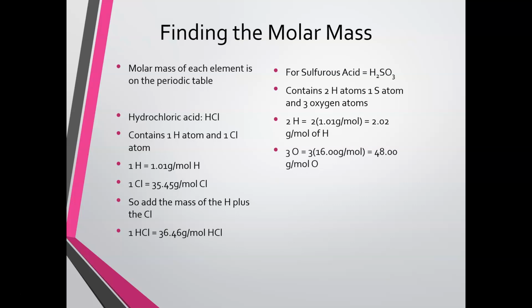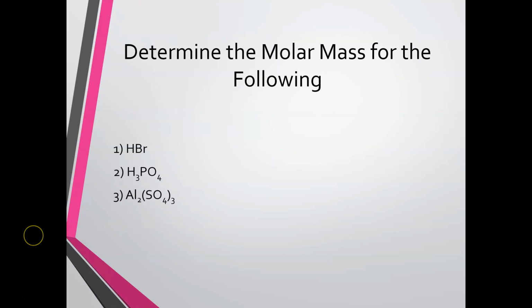If I have 3 oxygens, I take the mass of oxygen and multiply it by 3 to get 48.00. And I just have the 1 sulfur, so I just use its mass straight off the periodic table as 32.07. I'm going to then add those 3 numbers together, and I'm going to get that 1 H2SO3 equals 82.09 grams per mole of H2SO3.